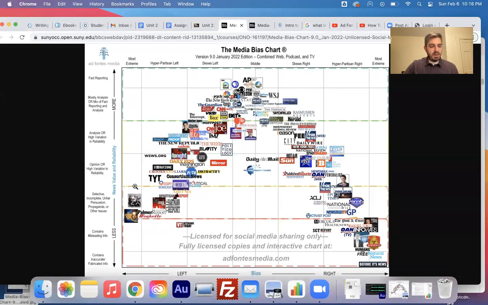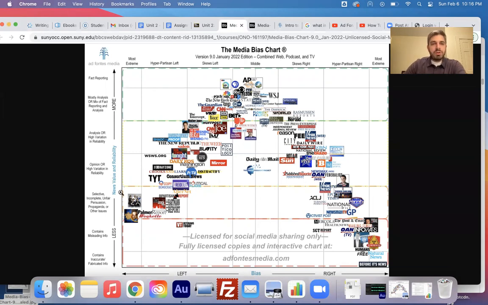This was created by Ad Fontes Media, a media watchdog organization. It's known for this media bias chart, which constantly gets updated. It rates media sources in terms of political bias and reliability. So let's take a look at the chart for a second.